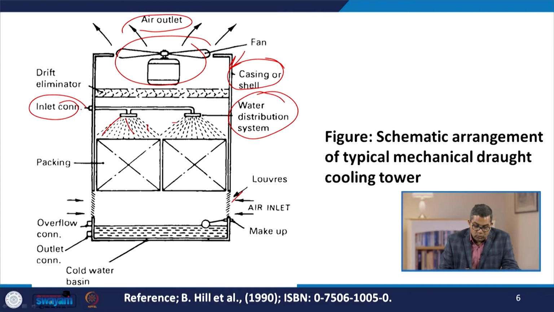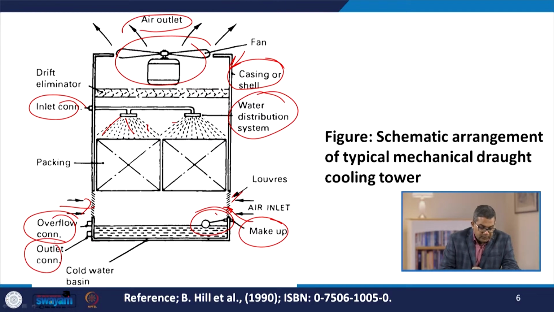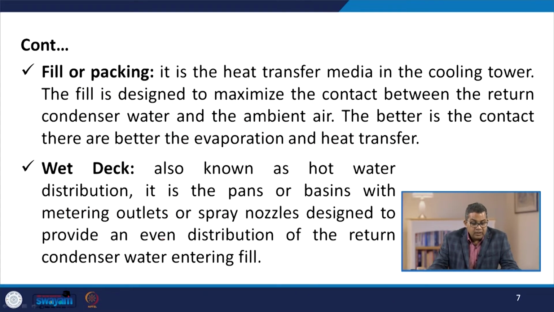There are certain louvers through which you supply the inlet air, and there is a port for the makeup water with the water sensor or water level indicator. Then there is an overflow, because sometimes there may be oversupply of water, so there must be a discharge port for the overflow connection, and this is the cold water basin.